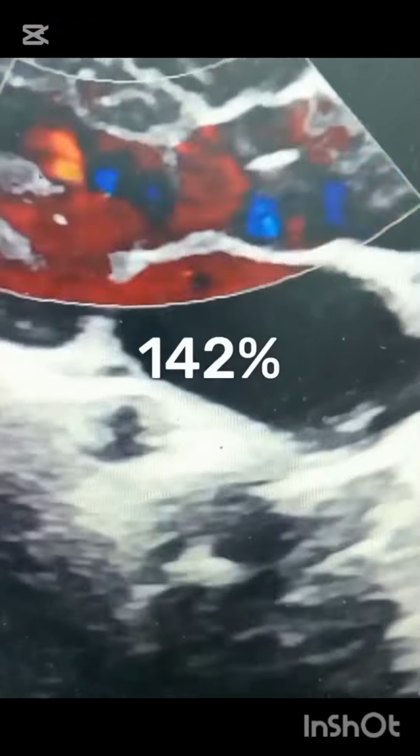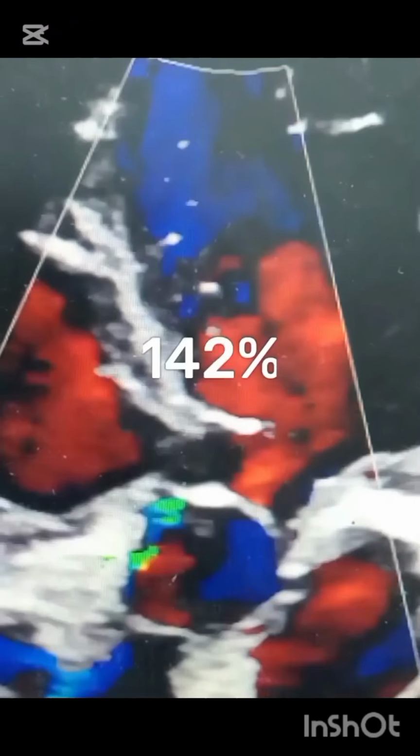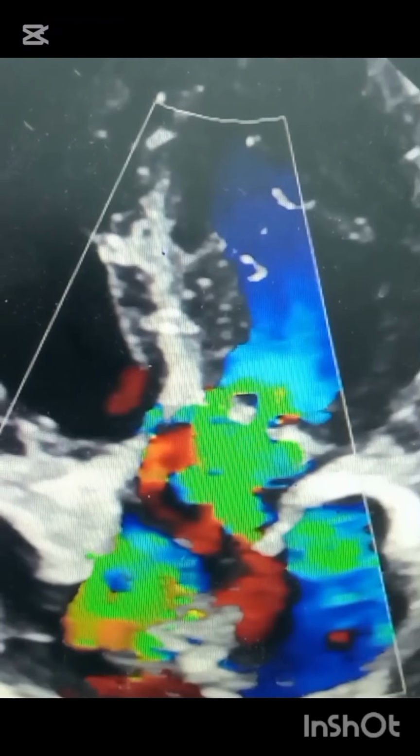Also check for aortic regurgitation. In this case, we also see the aortic regurgitation, the red flow from the aortic valve, and here also in the apical 5 chamber, the red flow towards the probe from the aortic valve is aortic regurgitation.